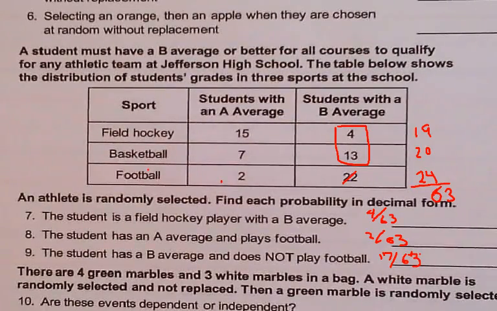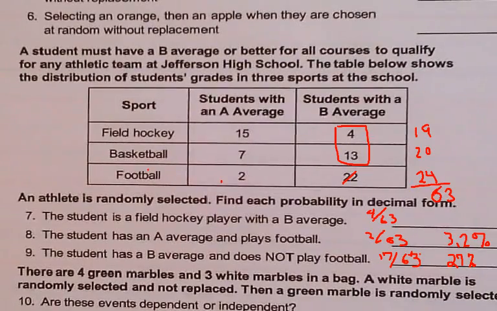Now you can make these little decimals or little numbers, it doesn't matter. 17 divided by 63 would be 27% of the time. And then 2 divided by 63 would be 3.2% of the time.